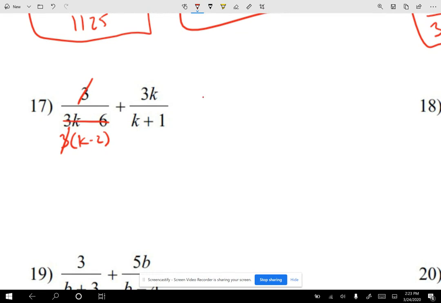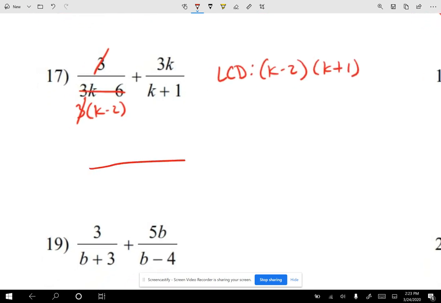So in this case, my least common denominator will be k minus 2 and k plus 1. Notice that my 3's cancel out. That's why I factor the bottom of the first fraction. So my least common denominator is k minus 2, k plus 1.